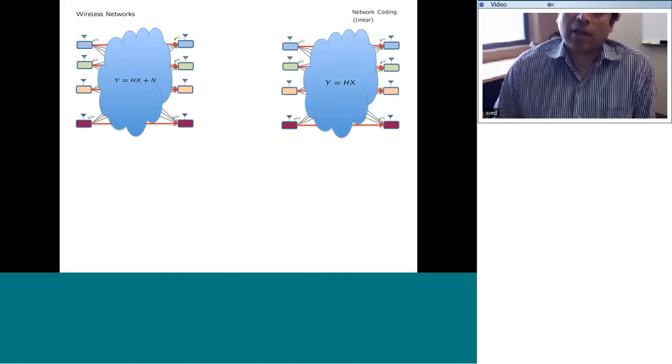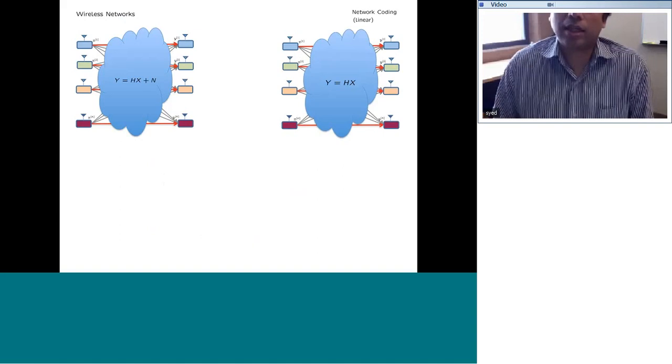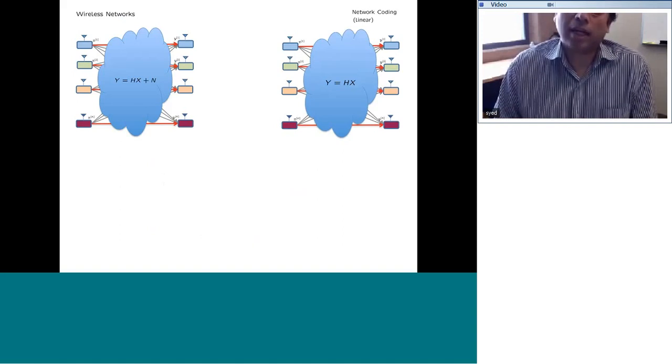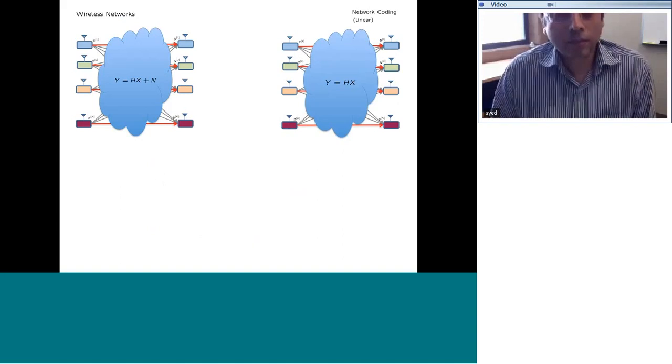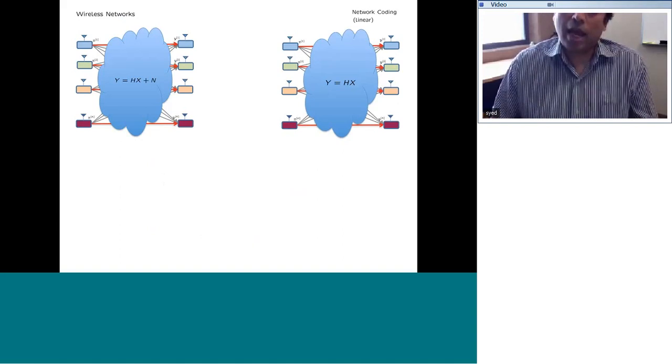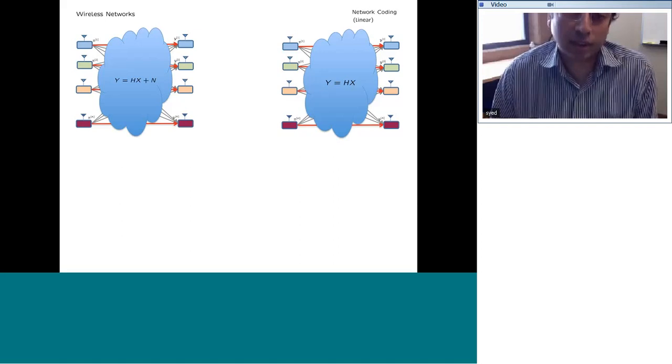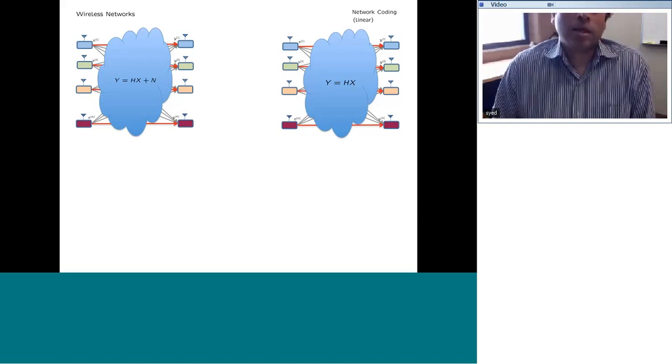You can also think about network coding problems, for example, on wired networks. If the coding operations inside the network are linear, then the end-to-end transformation from the inputs to the outputs is again a linear transformation, so it would again be a linear network. It would be nice if we could have a theory of linear communication networks where we understand what their capacity limits are.